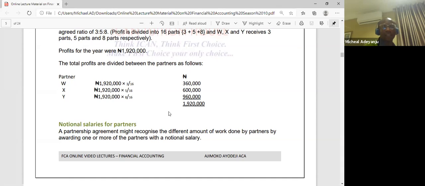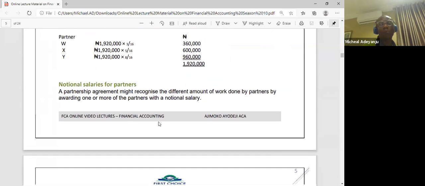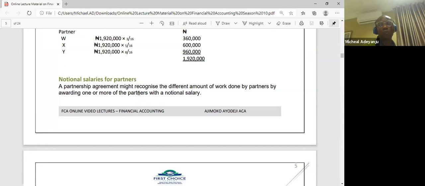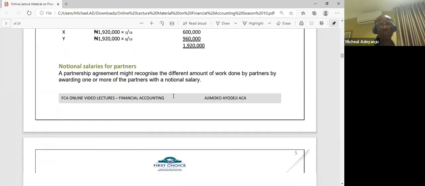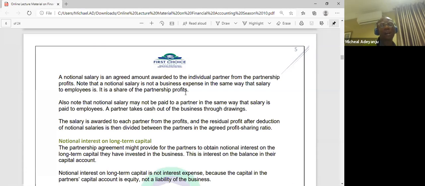What is notional salary? As I explained earlier, this is an agreed amount that is different. The partnership agreement might recognize a different amount of work done by the partners by awarding one or more of the partners with a notional salary. Notional salary is an agreed amount awarded to an individual from the partnership profits.